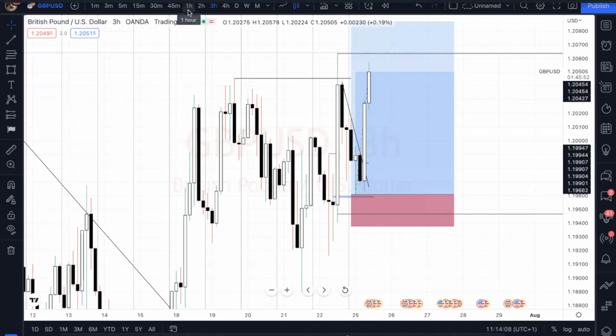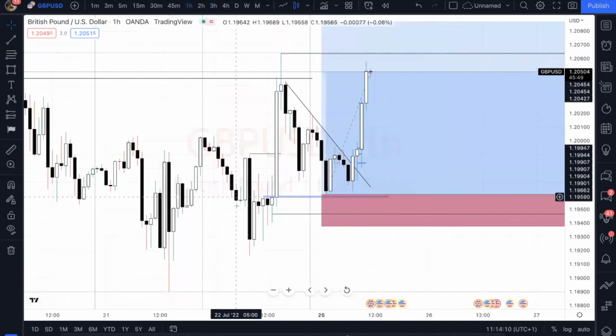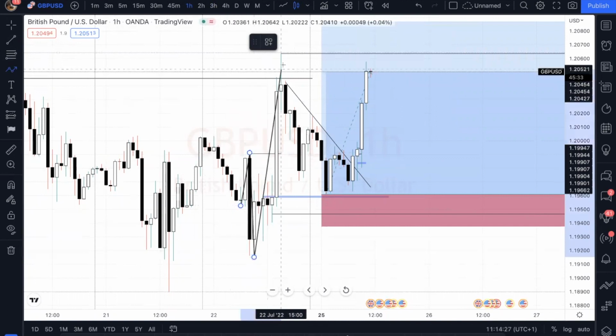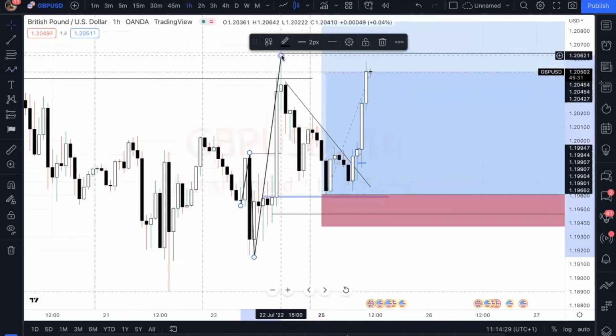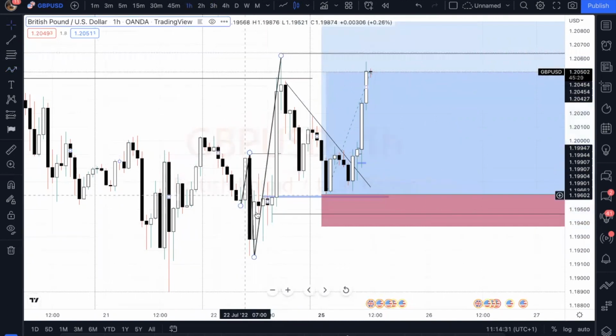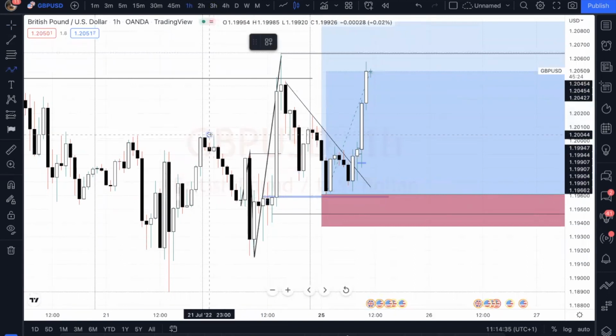So we have a low here, a high, a lower low, and a higher high. Can you see that? You have a Quasimodo, right? It looks something like this.